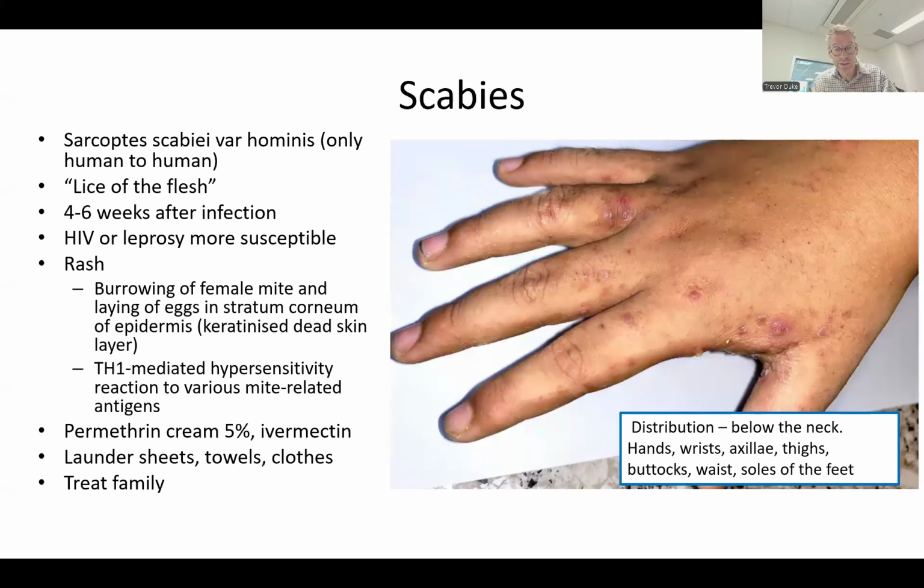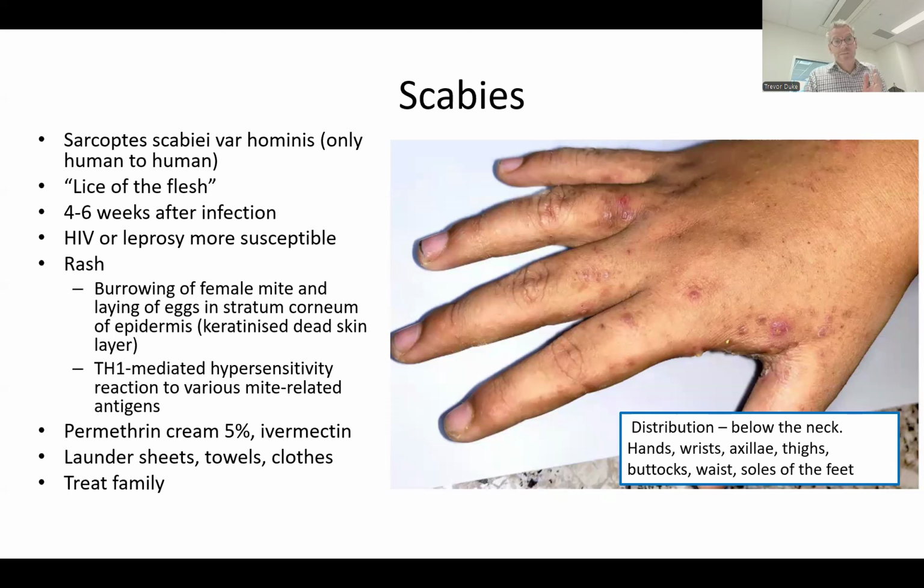And lastly, we could talk a lot about scabies, but I just want to include it in this discussion of infections that are common in tropical areas, because it's such a common infection. It's due to the scabies mite, Sarcoptes scabiei var. hominis.